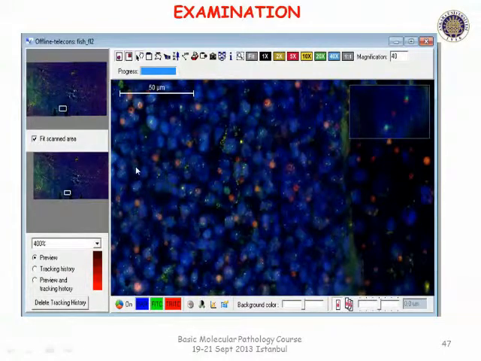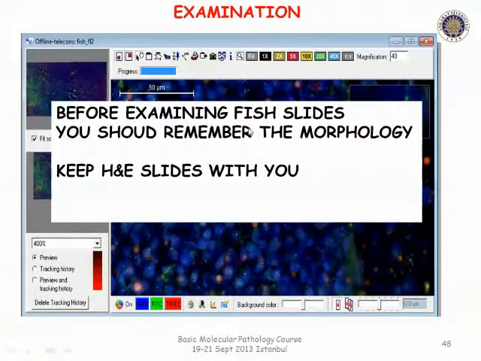It depends which system you have in your laboratory or in your department. You can use these systems for interpretation. But before examining the FISH slides, you should remember the original morphology.